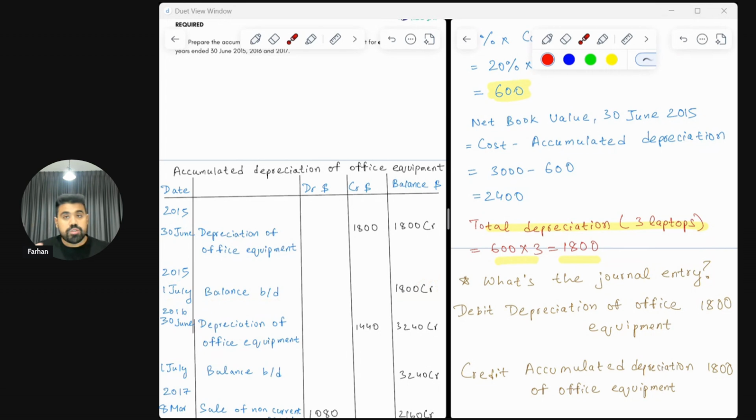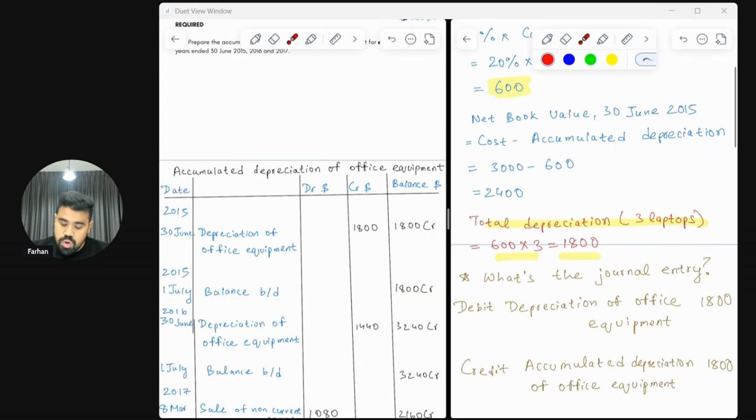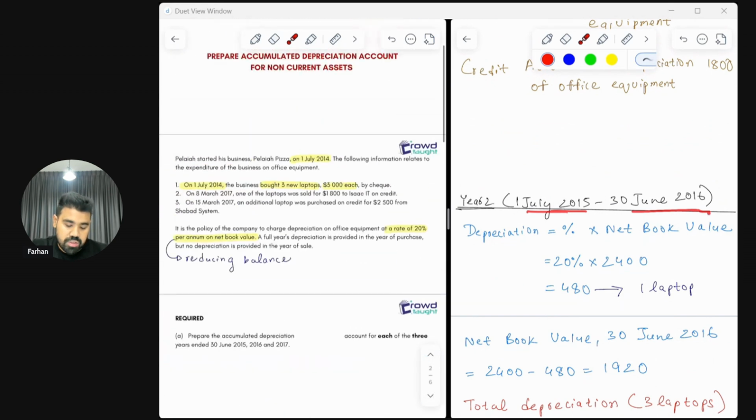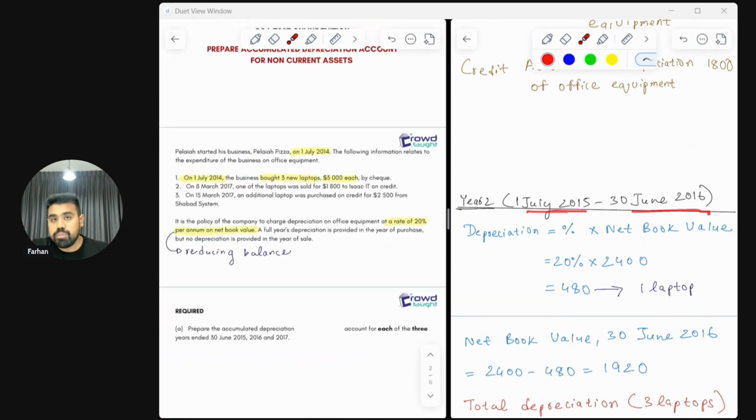So now let's move to the second year, which is year 2. And year 2 starts on 1 July 2015 and ends on 30 June 2016. In year 2, if I want to find the depreciation using the reducing balance method and based on the requirements given in the question, we have to calculate depreciation by multiplying the given percentage with the net book value. The given percentage is 20 and the net book value is $2,400.